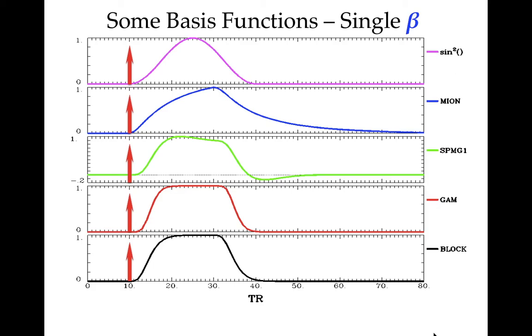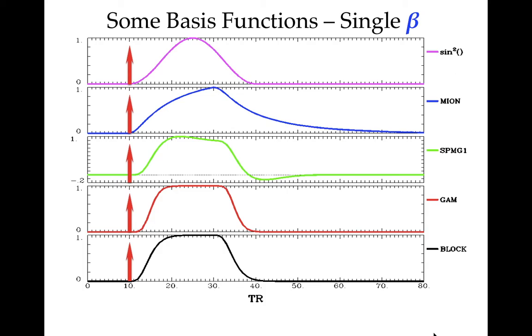Now, the difference between the block and the GAM is so small that it could have no practical difference whatsoever under any circumstances. SPM-G1 is a little bit different because it has this undershoot which drags down the end of the block as well. And that is probably still a very little practical difference because, remember, it's least squares fitting, so fluctuations that are 5 times smaller count 25 times less than the main body of the fluctuation.